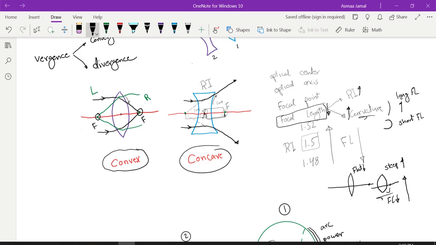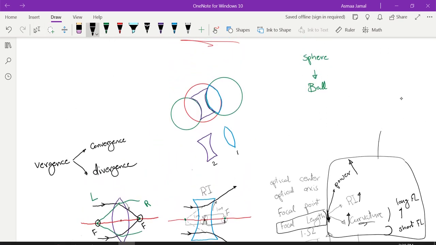Then the focal length also depends on the power of the lens. It will decrease or become shorter when the power of the lens increases. So all of them are relative to each other, and we can find an equation from that.